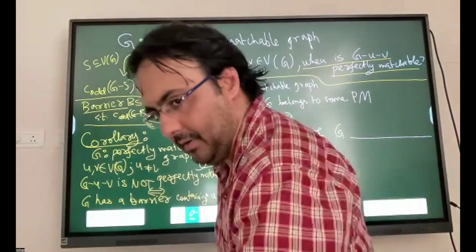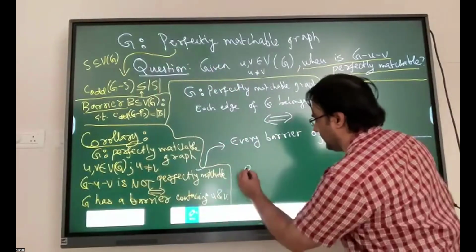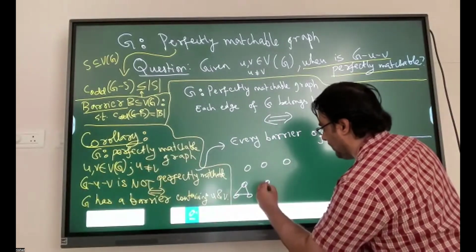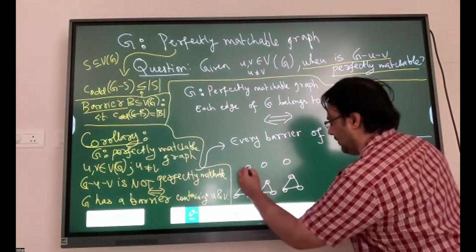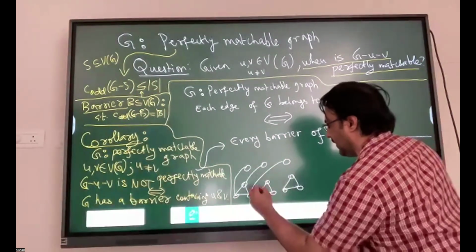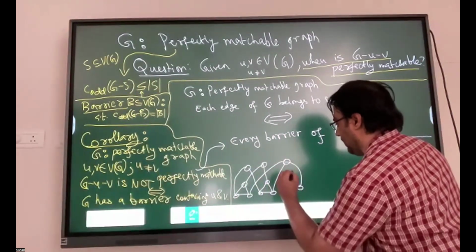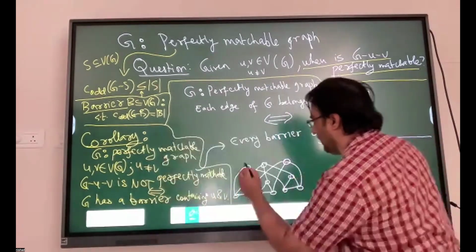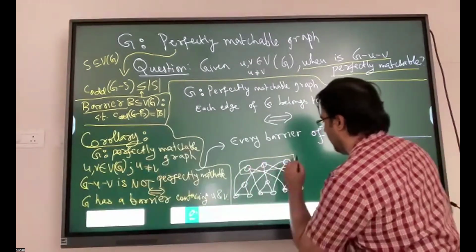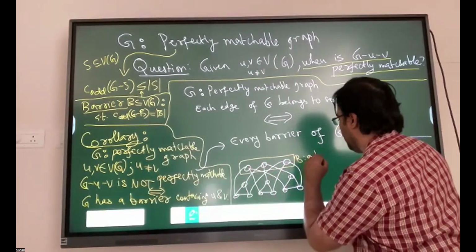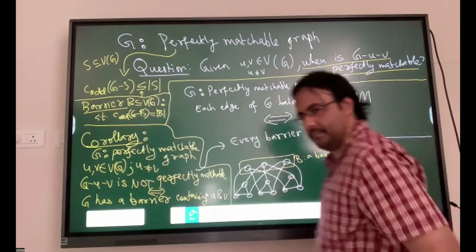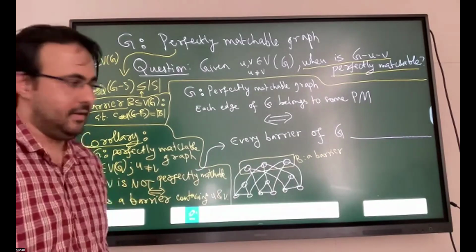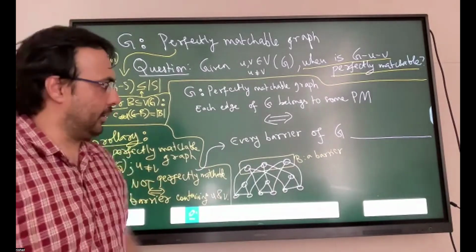I'll give you another example where there is a non-trivial barrier. Here is a perfectly matchable graph. It is actually a two-connected cubic graph, and here is a barrier. You delete three vertices, and you get three odd components. So there is some property of the barrier I'm looking for.